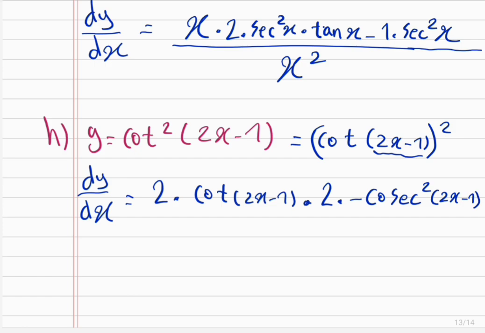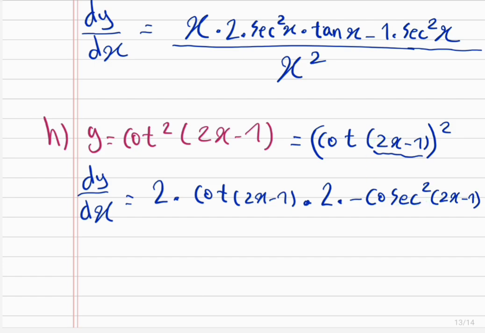I use the standard result method. You can also do this directly, which I will show in another video. First, you differentiate what is inside, cot of 2x minus 1. So 2x minus 1 differentiates to 2. That's where this 2 came from. And finally, cot something differentiates to minus cosec squared something.